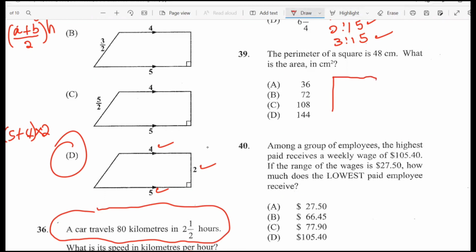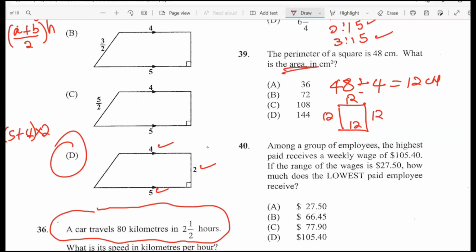So if the perimeter of the square is 48, and it is a square, if I divide it by 4, I'm getting 12, which means that one of the lengths is 12. But the area is what they want. So it's going to be 12 squared, which is 144. The answer is D.